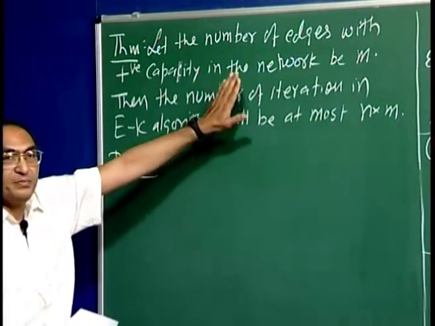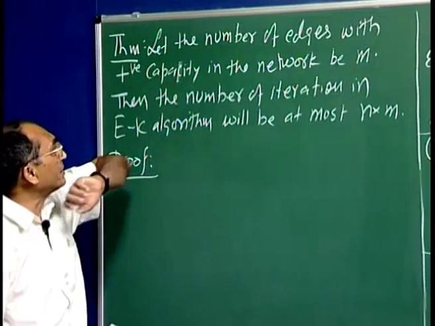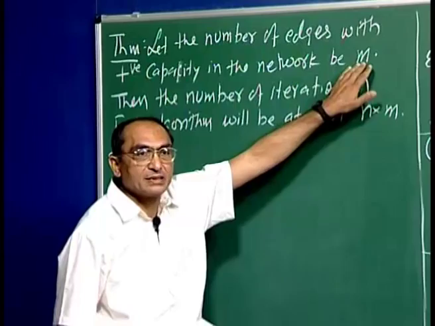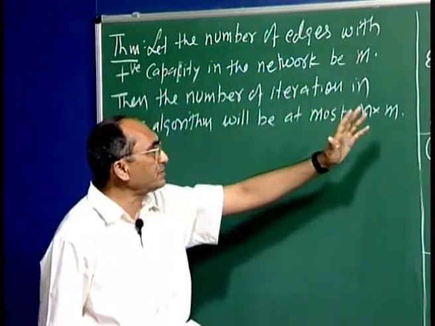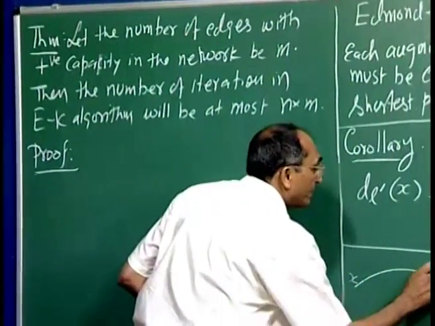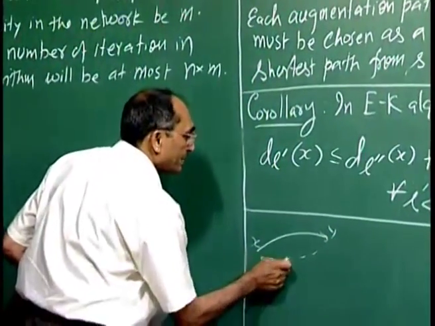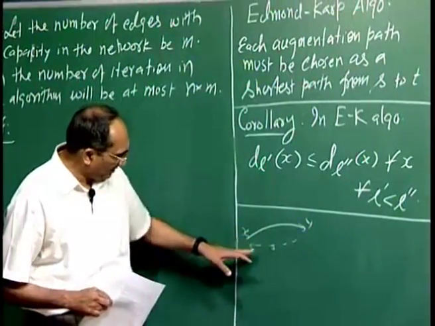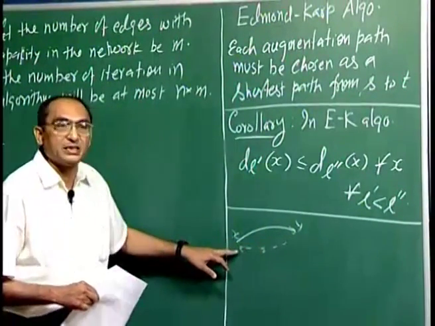If there are m edges in a network, then at most 2m edges can occur, because if you have an edge xy to begin with, but you have 0 capacity here, in some subsequent graphs you may very well have an edge yx in the residual graphs.